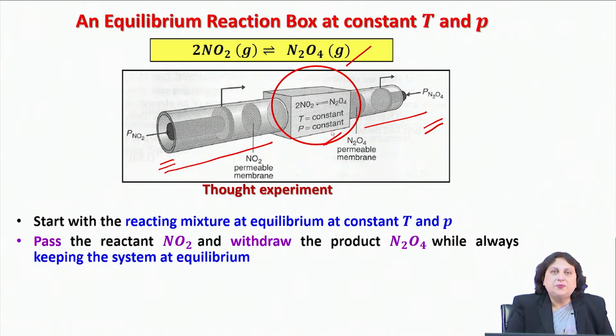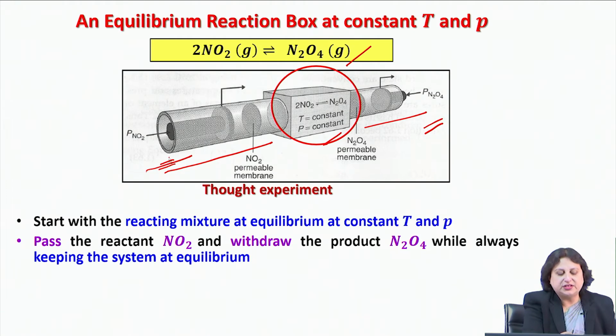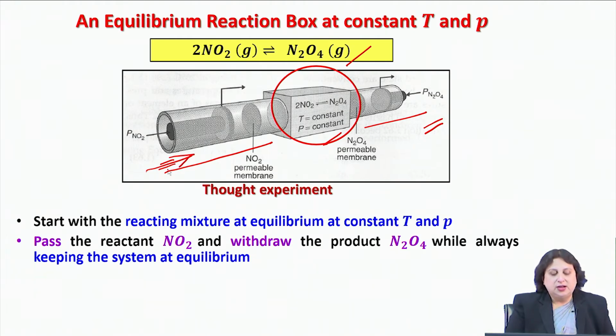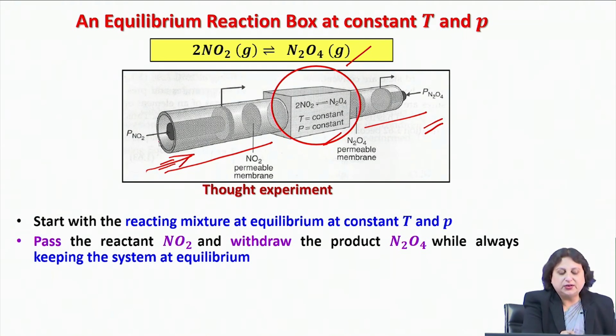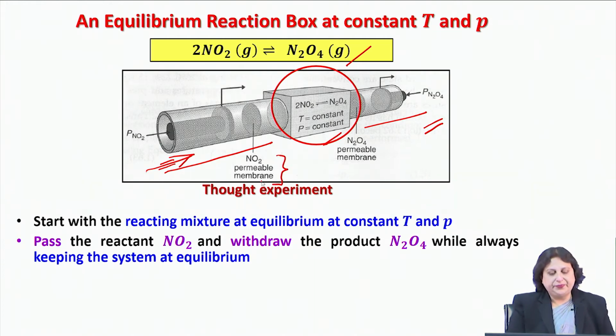Then I will pass the reactant NO2 from the left hand side, which is the NO2 side, so that the nitrogen dioxide gas passes through this NO2 permeable membrane and enters the equilibrium reaction box. And I will withdraw the product N2O4 while always keeping the system at equilibrium.